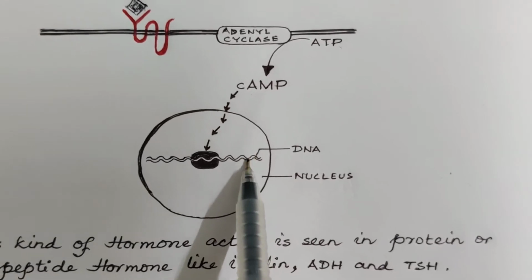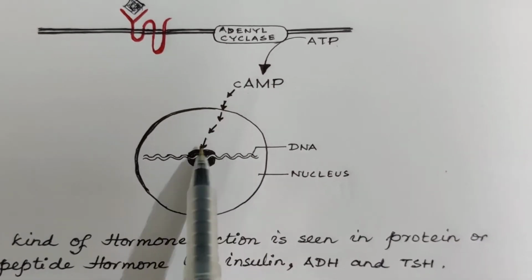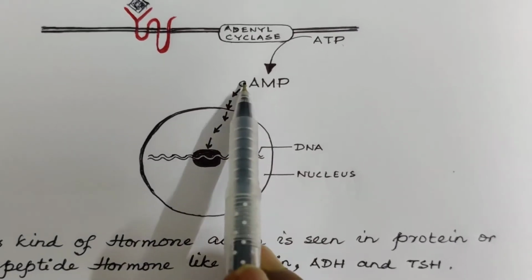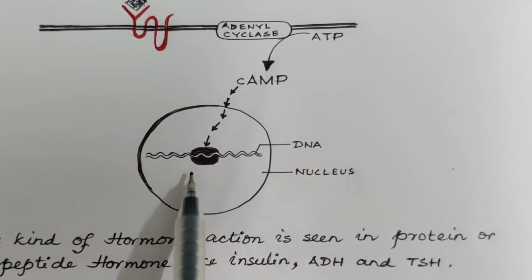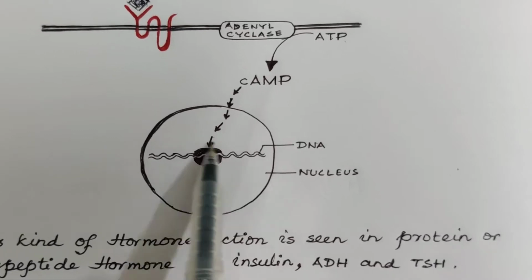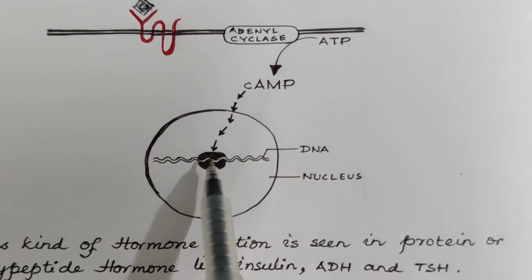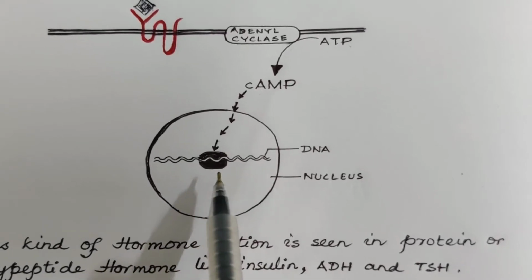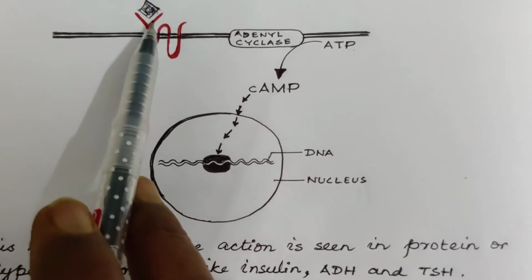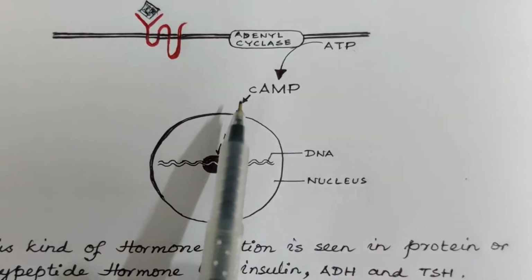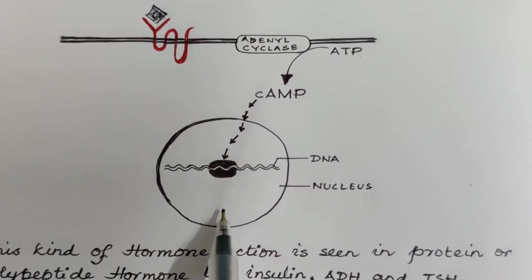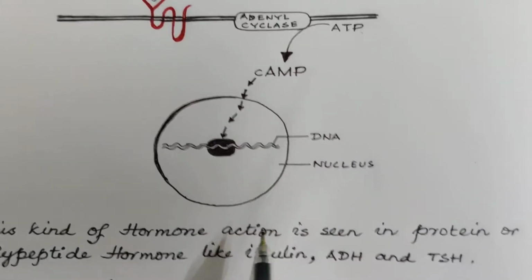Within the nucleus there is the DNA, and this DNA is activated with the help of cAMP and it releases the receptors. The receptor means the hormonal actions, whatever it is. Let it be insulin over here. So as far as the knowledge goes, the action of the insulin starts over here.